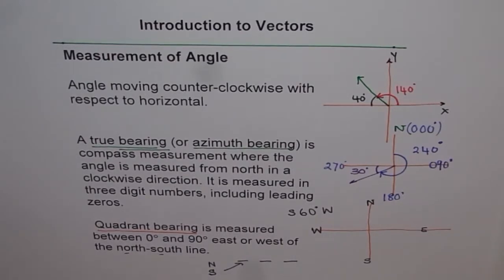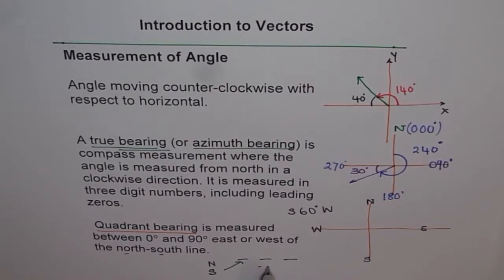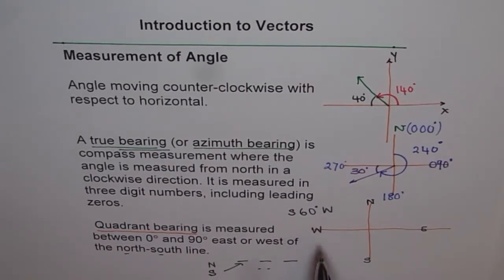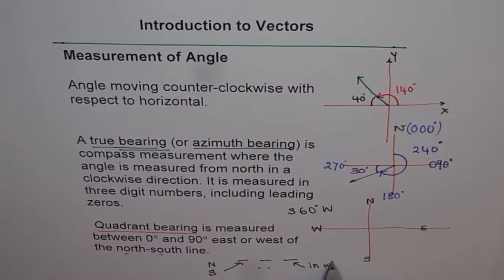Is that okay? Now the second is the degrees, like 60 degrees between 0 to 90 degrees, okay? And the third gives in which direction it is off.